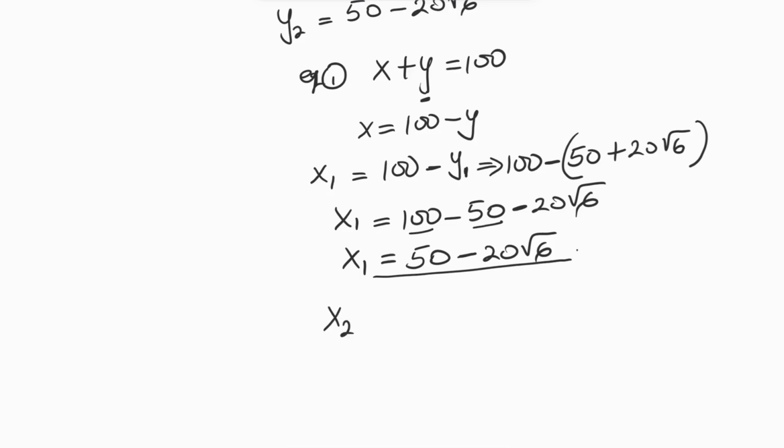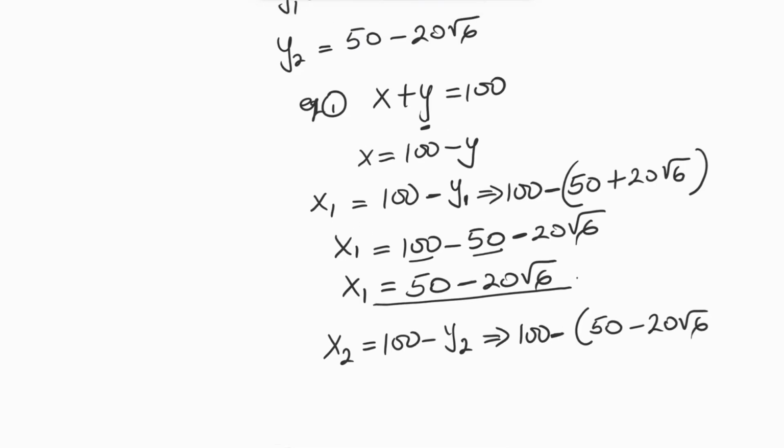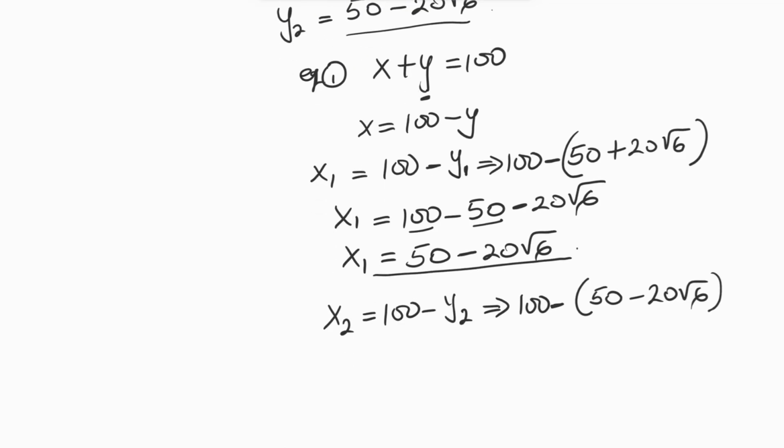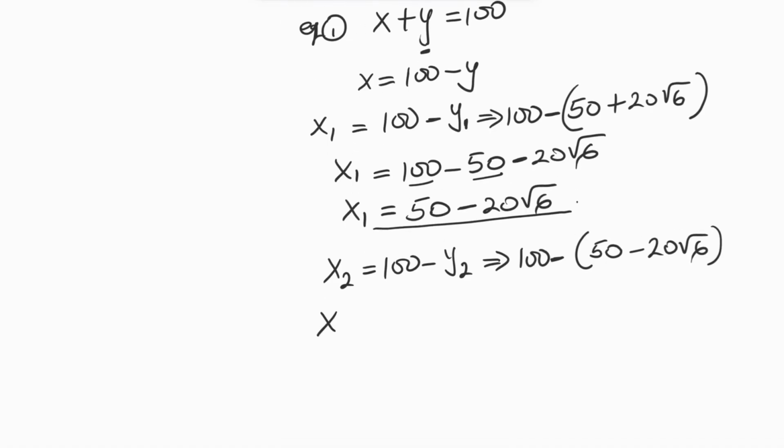So now let's go for our x2. Our x2 is the same thing as 100 minus y2, which is 100 minus, in bracket, 50 minus 20 root 6. That's what we have here. Okay. Now, x2 is equal to 100.